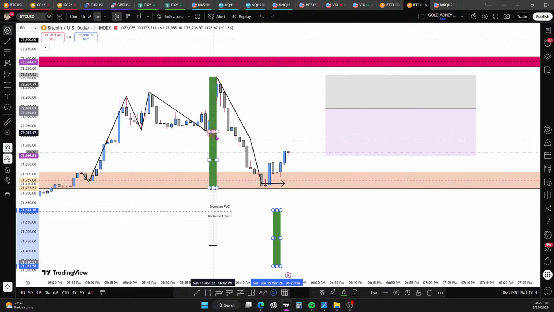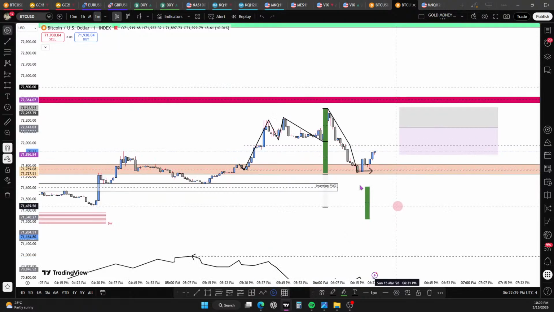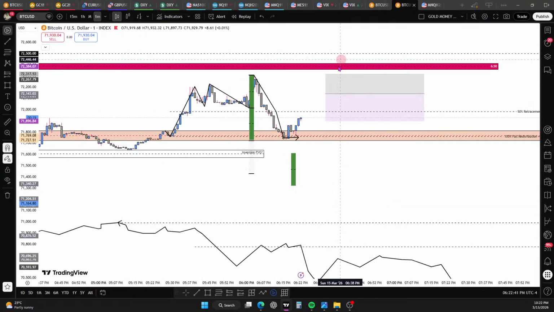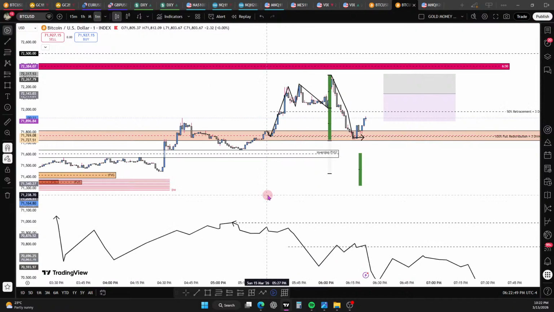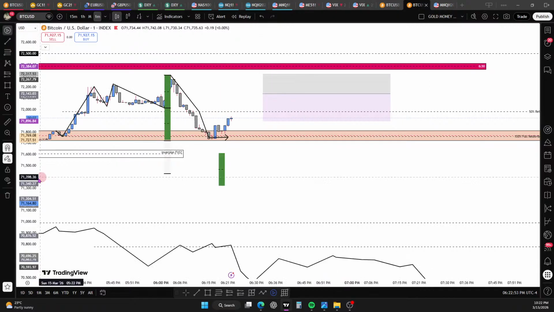Now, best case scenario, I'll be hoping for price to trade and form an order block in here, which would then send price lower once more instead of actually reaching this level. We're probably going to consolidate, but I don't know, if we form a propulsion block in this, that would be awesome to see.